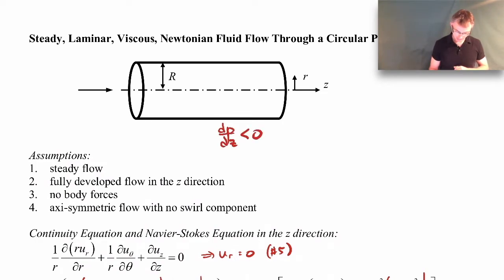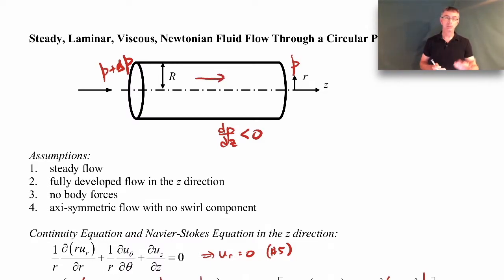The idea here is that you have to push on this side with more pressure than over on this side so that you can push the fluid from left to right. And you have to apply that pressure because you're overcoming the viscous effects, right? There's no slip at the pipe walls, and so if you didn't push, the fluid would just come to rest eventually.